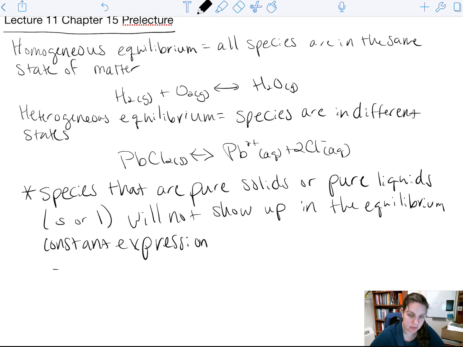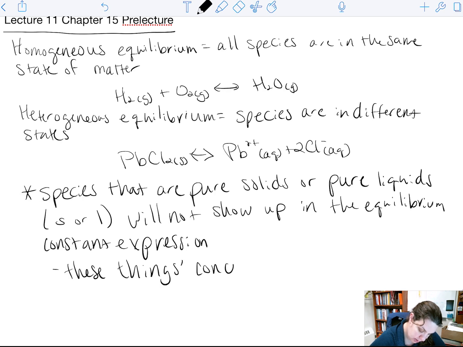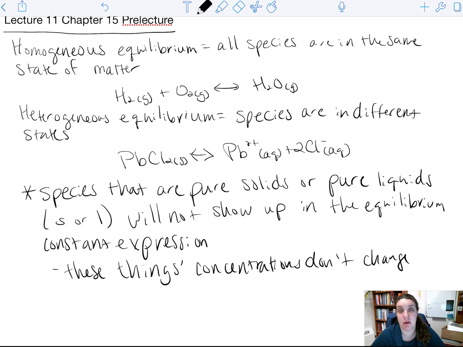And that's because we're not looking at a changing of concentration with these, right? They don't have variable concentrations because they're pure substances, right? And everything within the equilibrium constant expression should have the ability to have the concentration change.